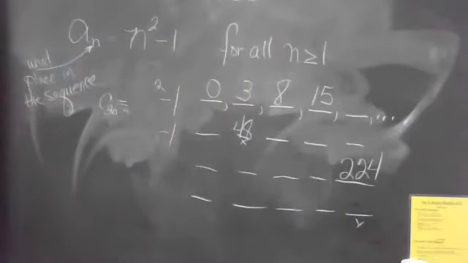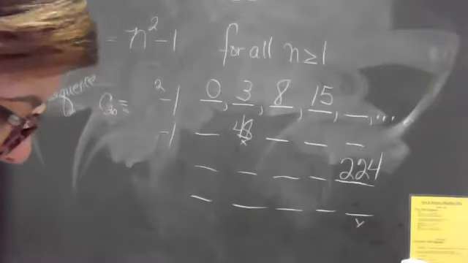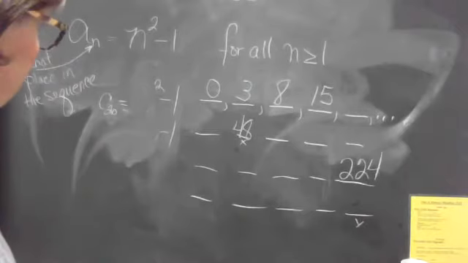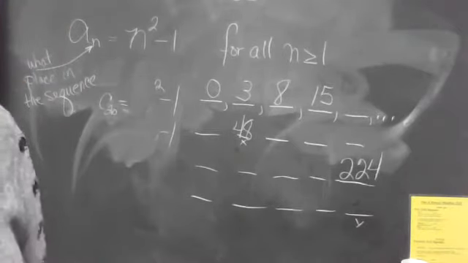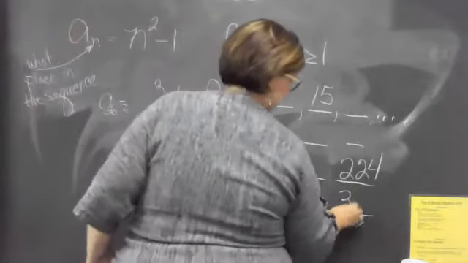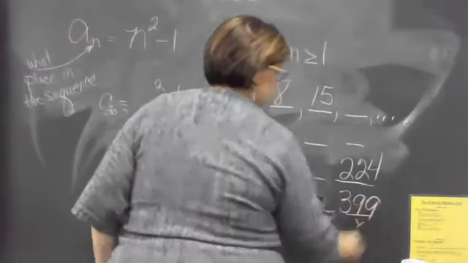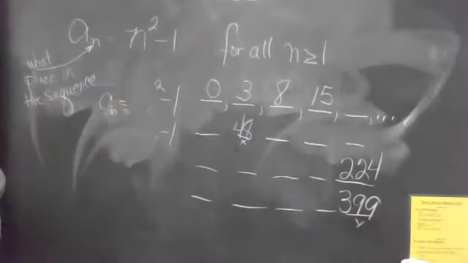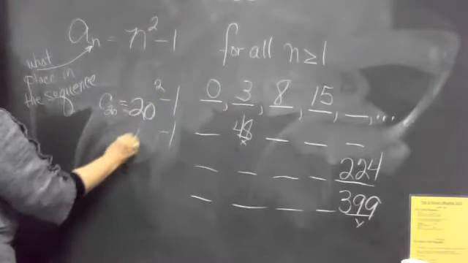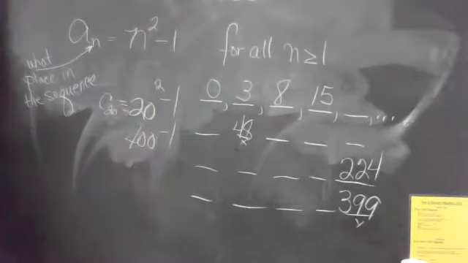Say it again. 399. You are correct. 399. Because 20 squared is 400, and we're going to subtract 1. Y'all see? Is it getting better?